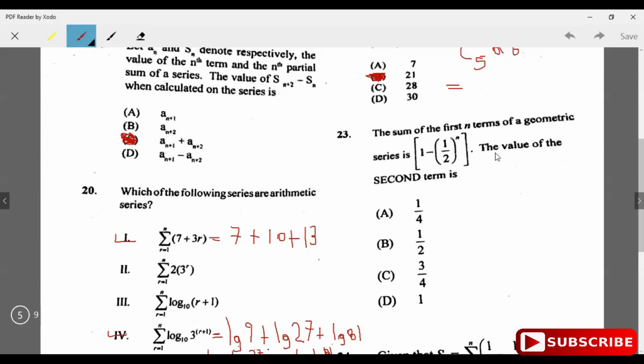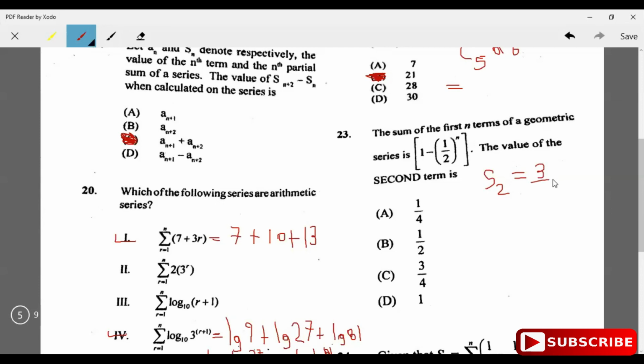All right, let's continue. It says the sum of the first n terms. What's the answer? The sum of the first two terms is 3/4. The second term is when n equals 2, so it's 1 minus a half squared, which is 3/4.